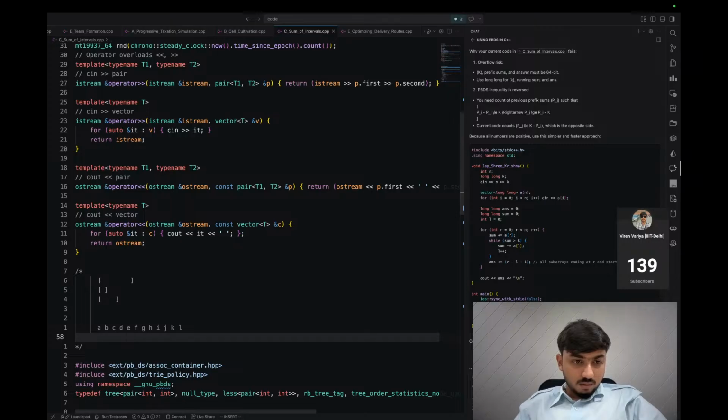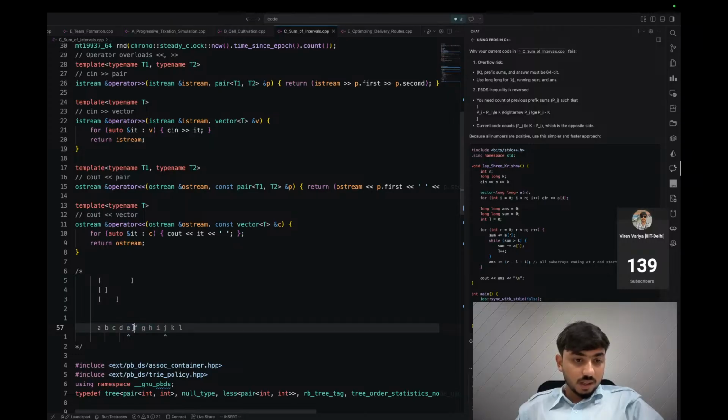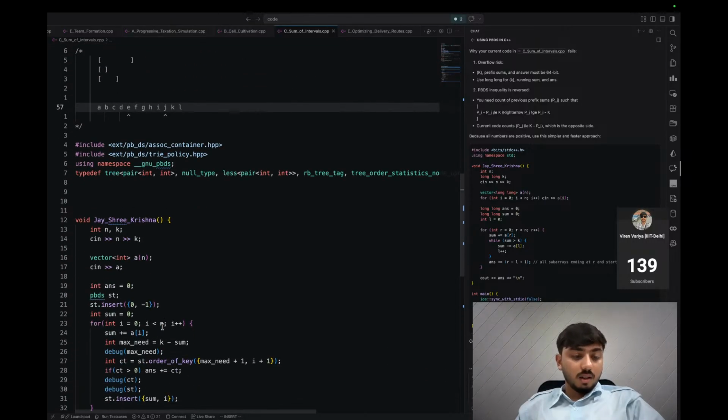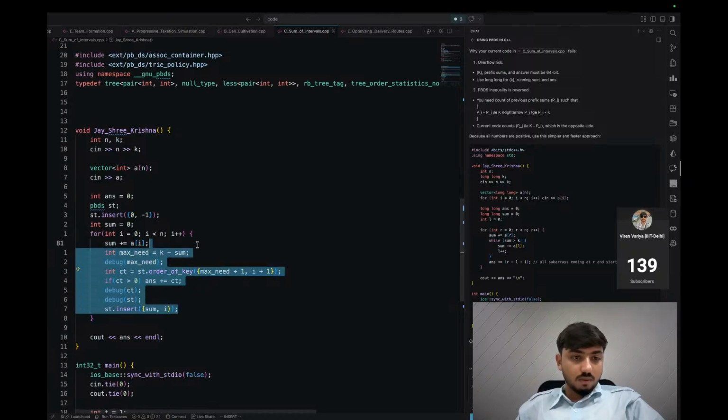So from here to here, we know the sum of this subarray is k. Definitely the sum of this subarray is less than k, right? That is what we have to do actually.